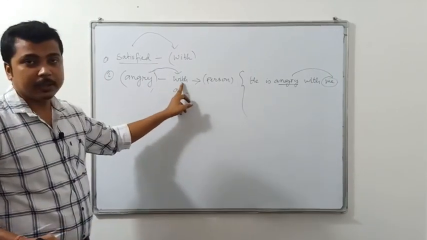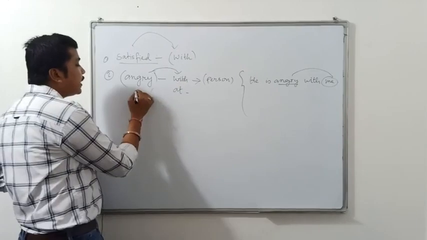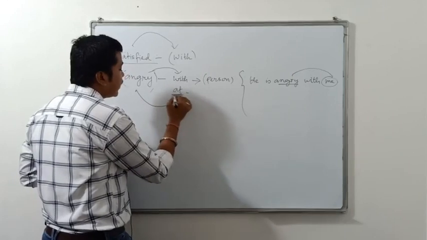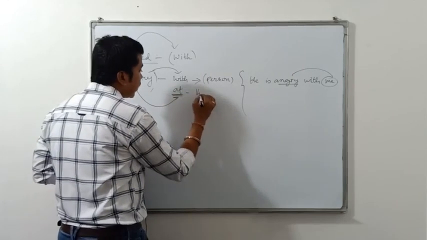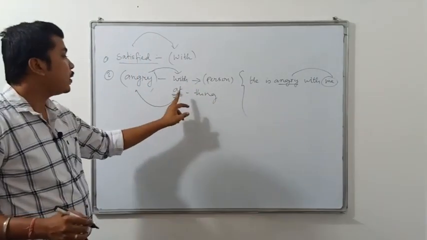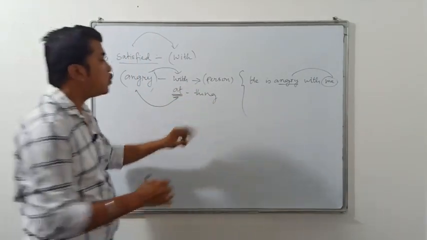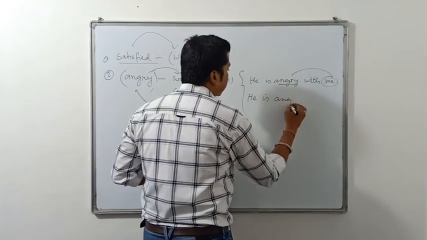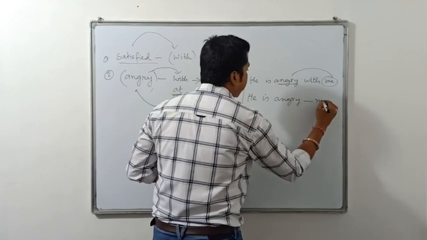That means the word angry, when it refers to person, that time we use with. Now when angry refers to anything or any quality, that time we use at. For example, he is angry dash my failure.